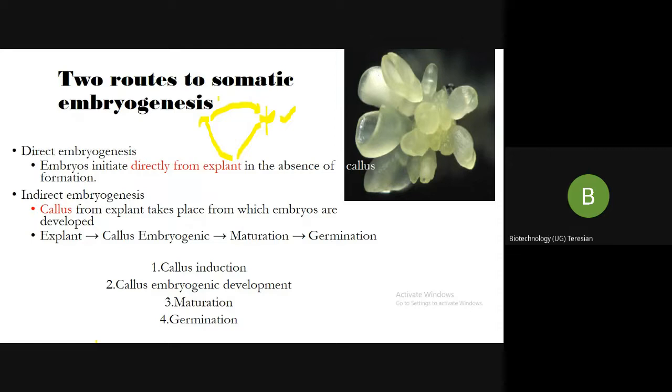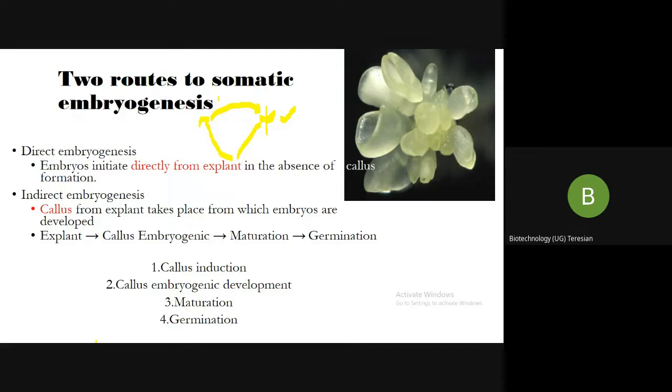But there are some drawbacks in indirect embryogenesis. The problem with the callus is that it divides very fast, and not all the time does chromosome duplication occur. It is not so that every time there can occur duplication of the chromosomes.